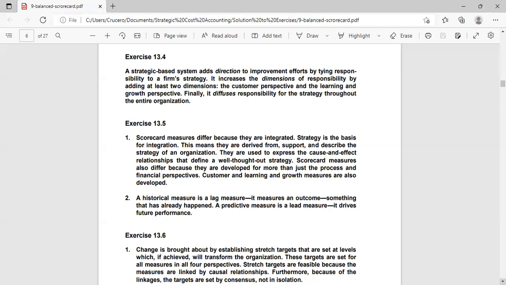Okay, so we have now 13-6 or 9-6, activity-based responsibility accounting versus strategic-based responsibility accounting. The balanced scorecard is an approach that has the objective of driving change.